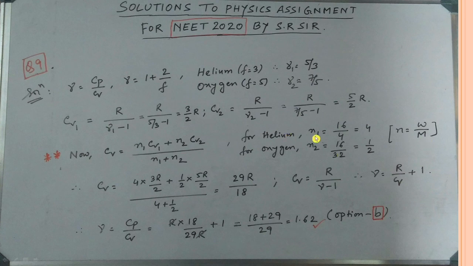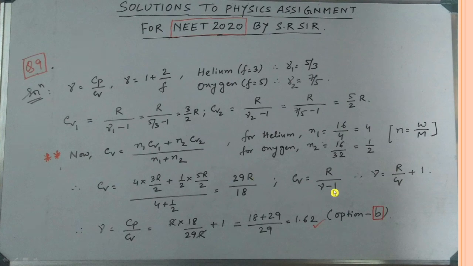So for helium, N1 is basically 16 by 4, that is equal to 4. And for oxygen, N2 is 16 by 32, that is equal to half. These are the mole fractions. So putting these N values and these Cv values, we get Cv as 29R by 18.